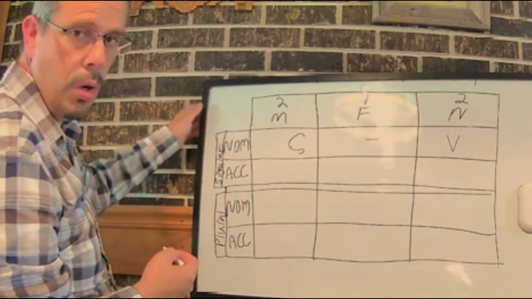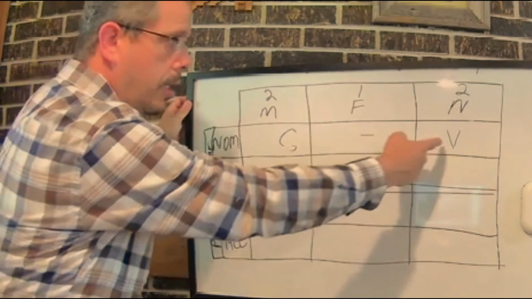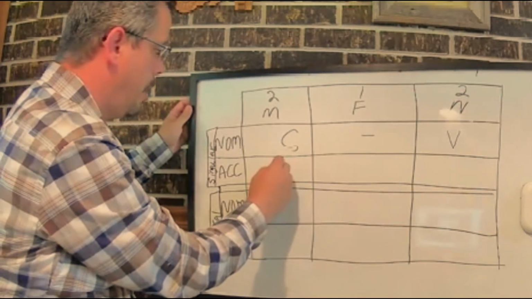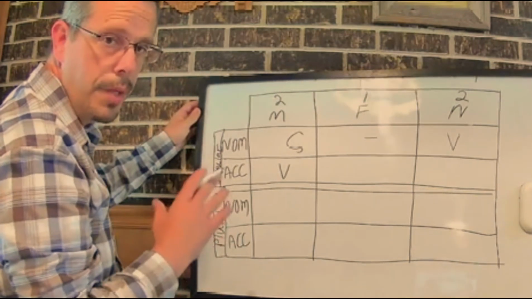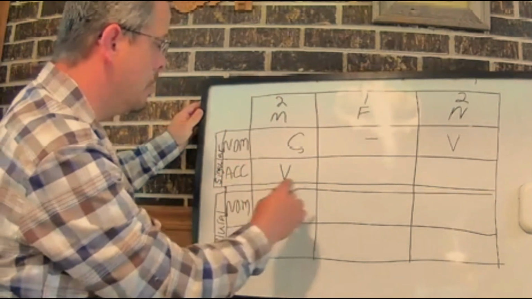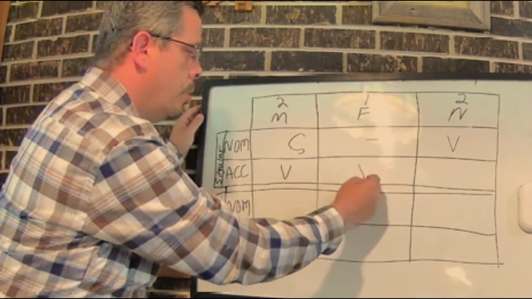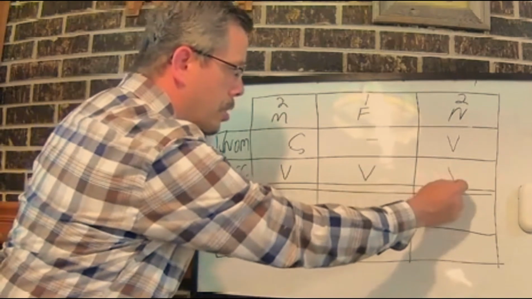Okay, so you've got sigma, nothing, nu. Over here you're going to have a nu. So the accusative masculine ends with a nu. Over here, it is also a nu. And over here, it is also a nu.